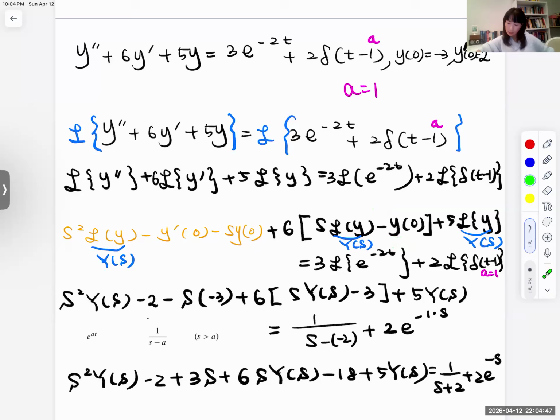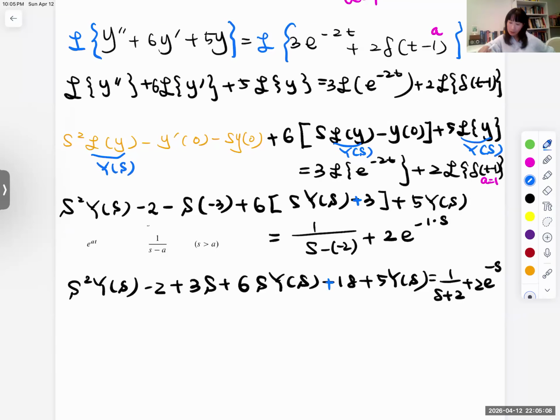I see, negative, negative is positive. It's negative, but this is also negative 3, so it's positive. Make sense to you? So let me write down positive. Okay, so positive 18 minus 2, which is negative 16.